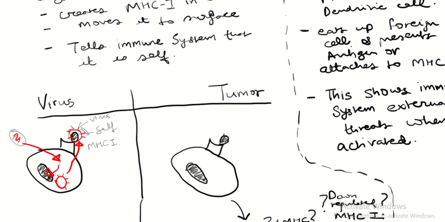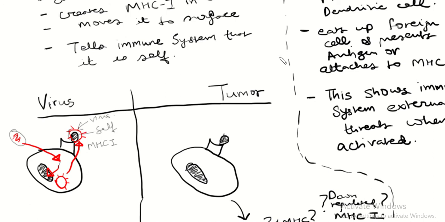So there's a change in the MHC1 receptor, and that is read by the immune system and recognized as a threat. So that's how viruses, even though they're inside the cell, are still recognized, and the cells that they're part of are destroyed so that they can prevent using the body's own cells to damage the body.